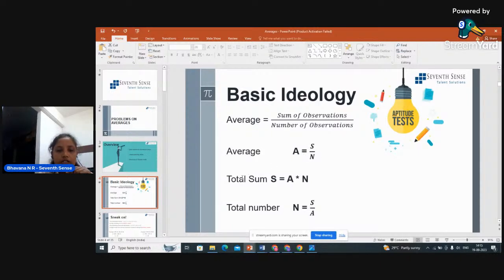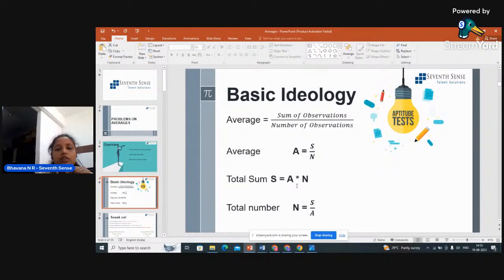So next, total sum. Every time in averages they won't ask only to calculate the average. Sometimes they give the average and the number of observations, and in that case we need to find the sum. Which formula do we apply here?